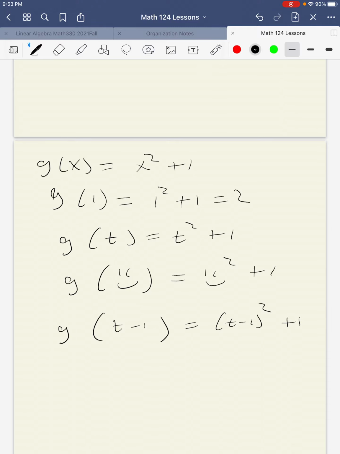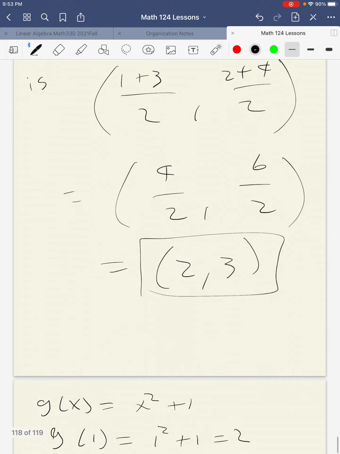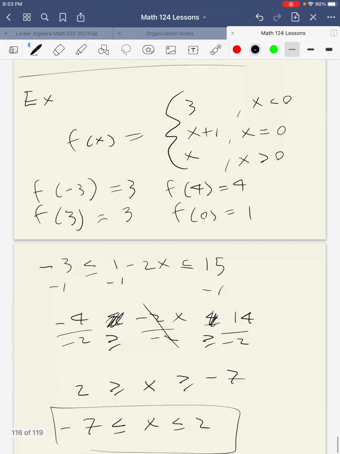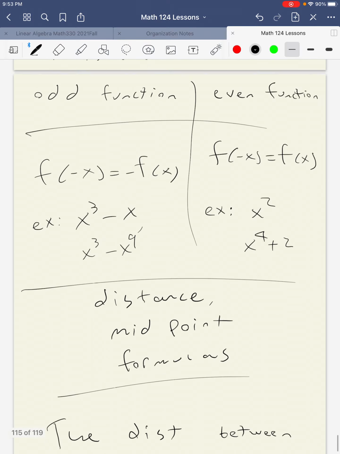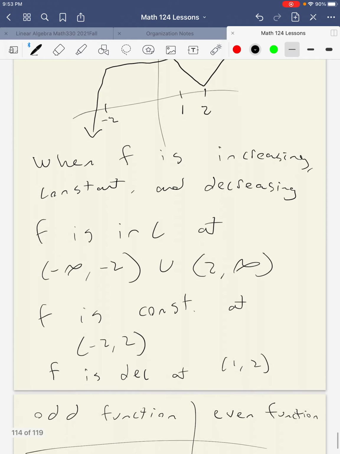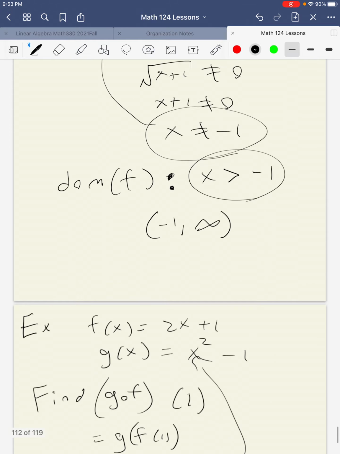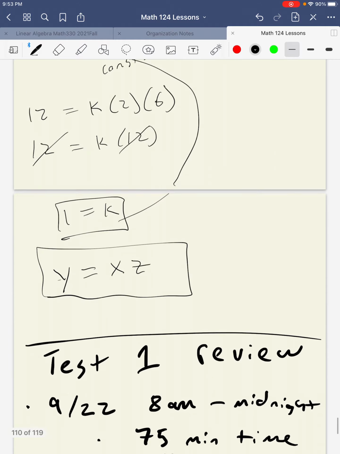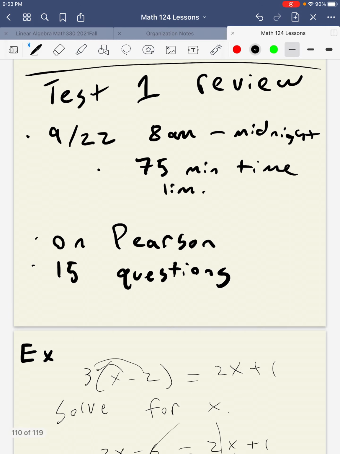Pretty easy concept, but sometimes people make mistakes with that. And lastly, maybe review your homework on the word problem section, or you could review the video lessons there. So that is about what you should expect on this test.